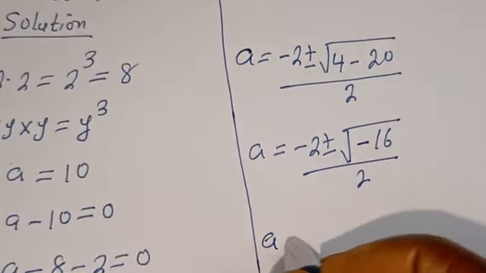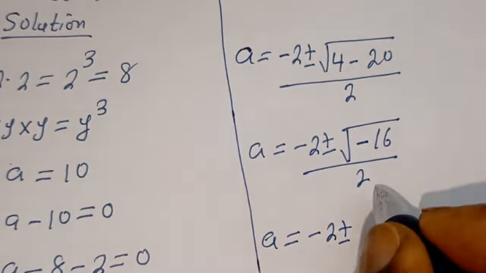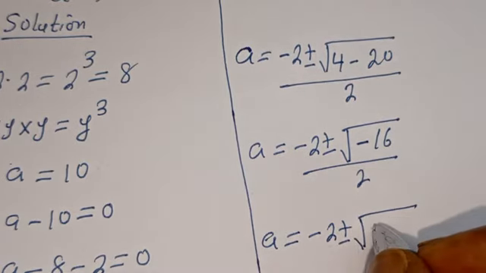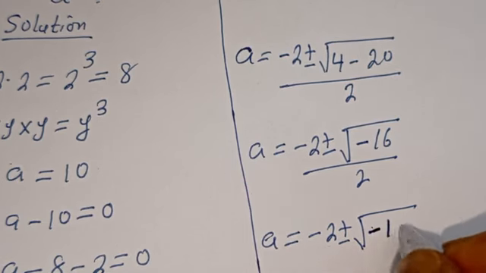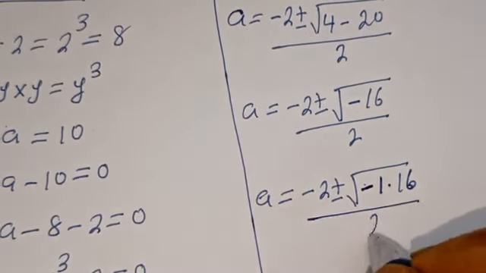Then a is equal to minus 2 plus or minus square root of minus 16 can be written as minus 1 multiplied by 16, divided by 2.